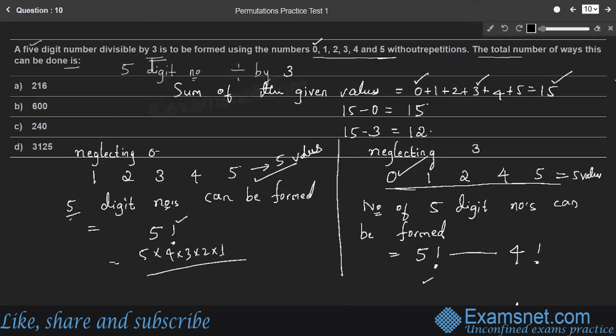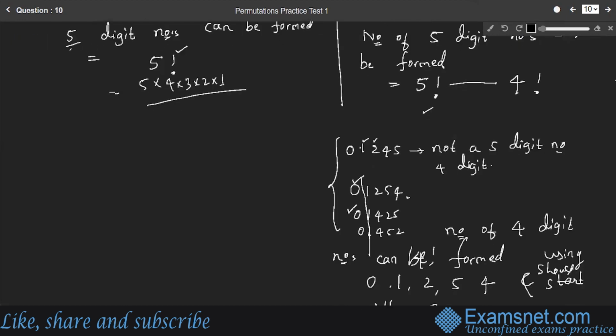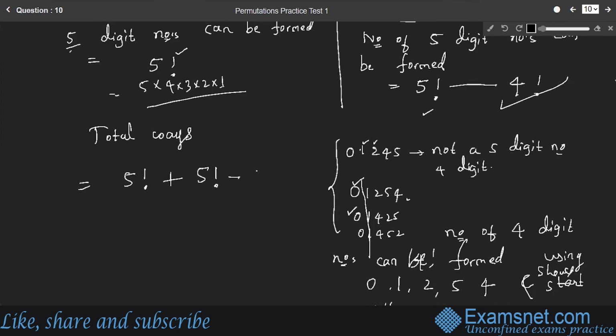Come back to the question. Total number of ways in which a 5-digit number can be formed: in the first way, 5 factorial numbers can be formed, plus in the second case, 5 factorial minus 4 factorial.